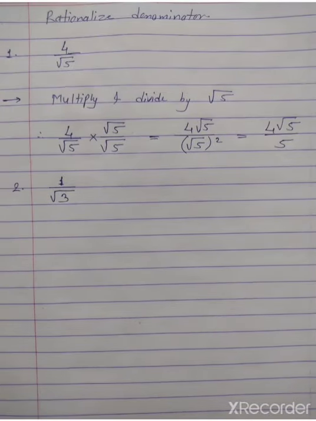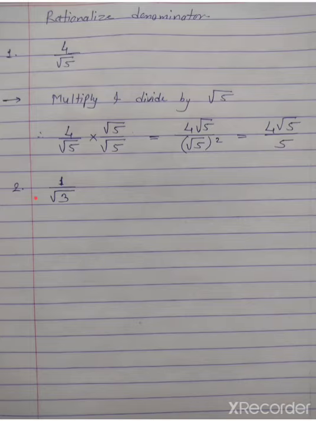Here I write this step. Numerator to numerator becomes 4 root 5, and denominator to denominator becomes bracket square. Square and square root get cancelled, and here we finally get 5, which is a rational number. This process is called rationalizing the denominator.